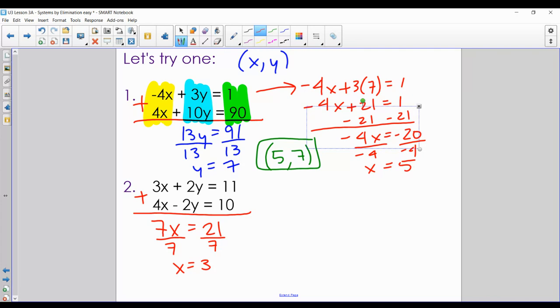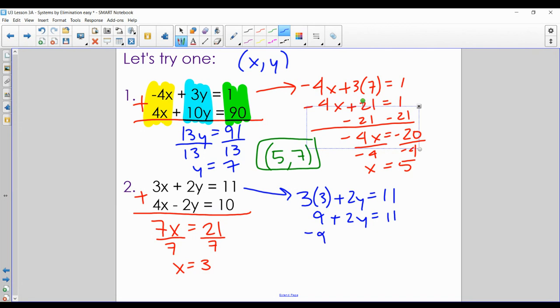Again, that's only half the answer. I've got to take one of these equations. I'm going to take this top one. I take whichever one seems easier. I'm going to plug in 3 for x. I'm going to get 9 plus 2y equals 11.